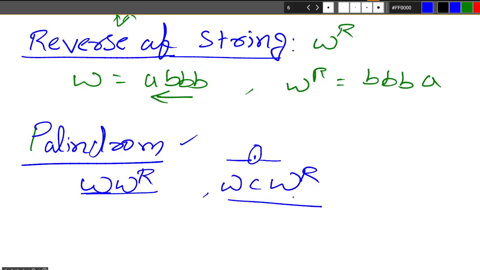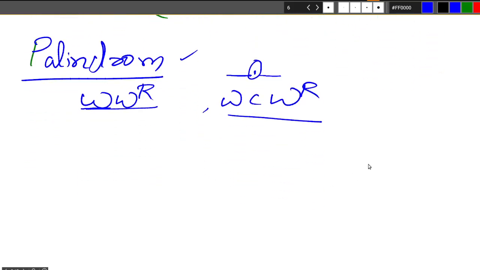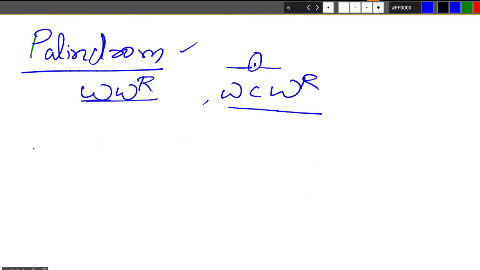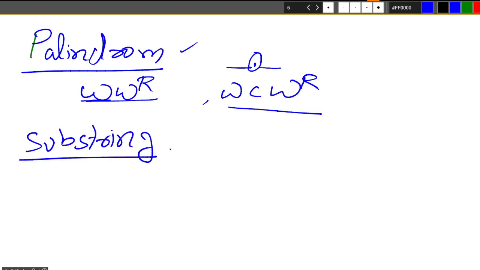You would have heard about substrings. So a substring is a contiguous sequence of characters in a string. Contiguous or consecutive, whatever you say.